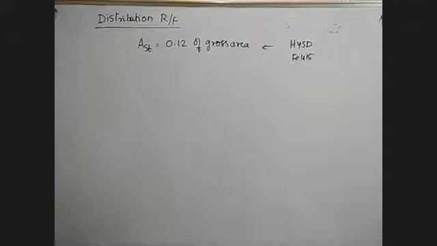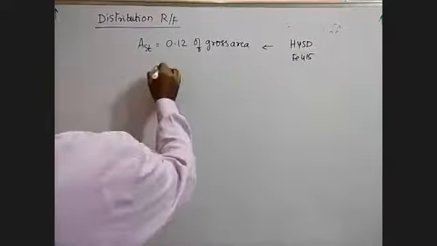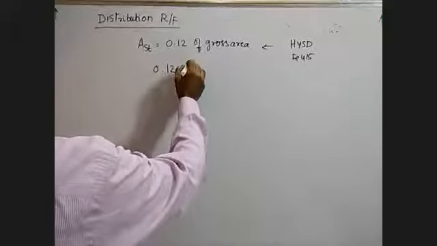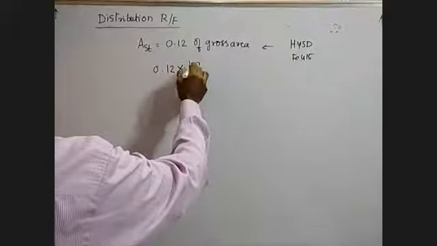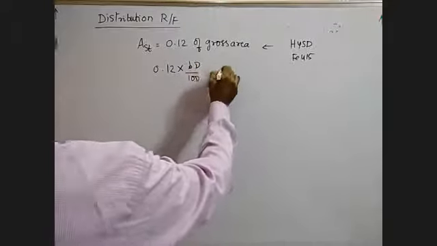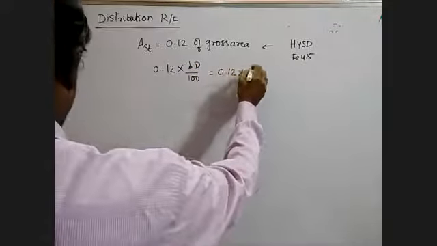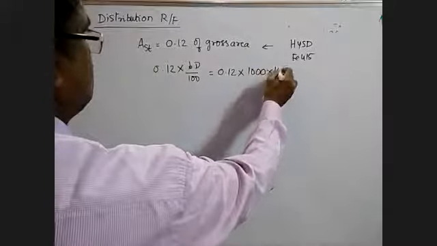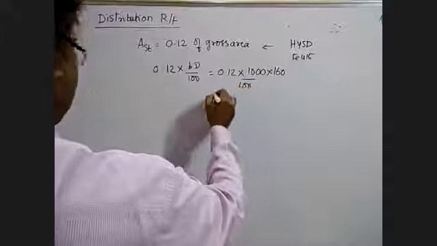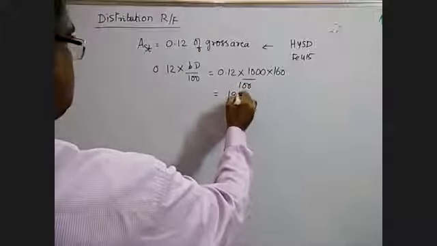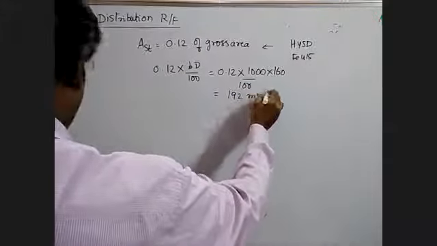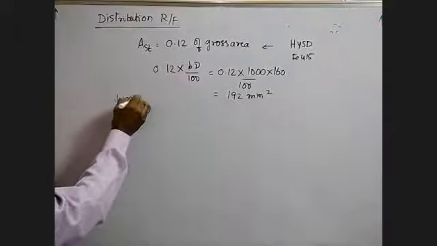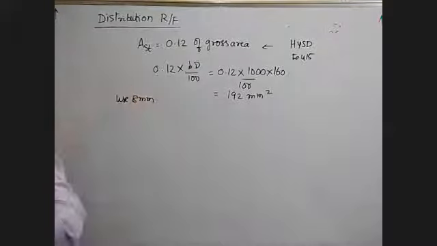Okay. Now calculate 0.12 into BD by 100, it is 192 mm. See, for the distribution, generally they use 6 mm and 8 mm bars.